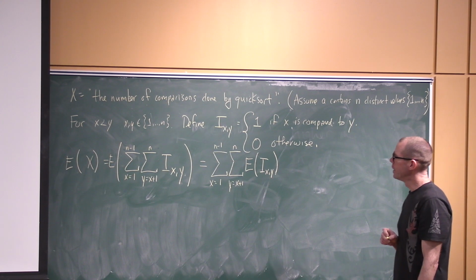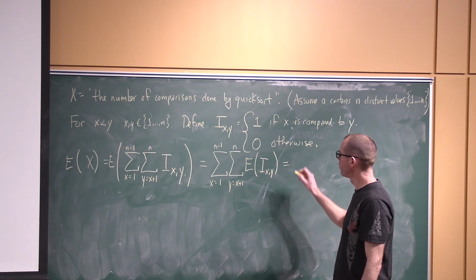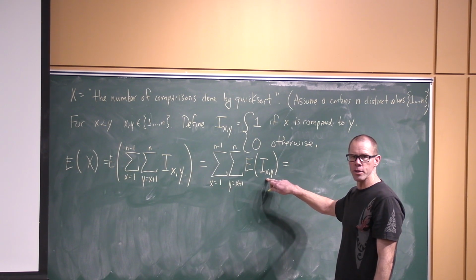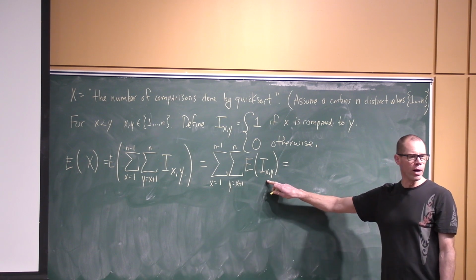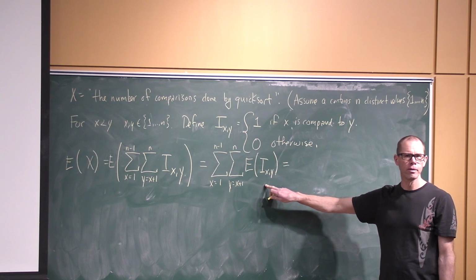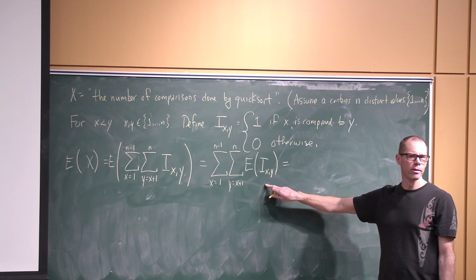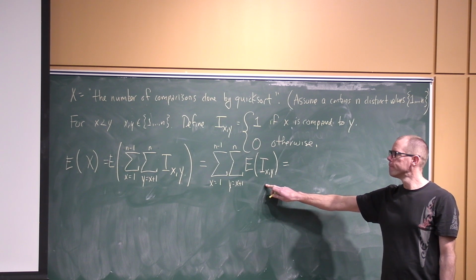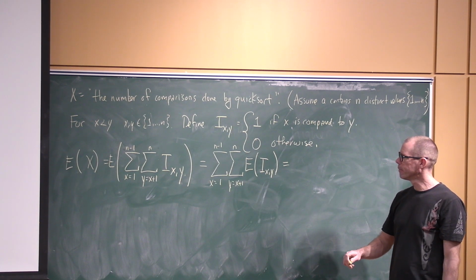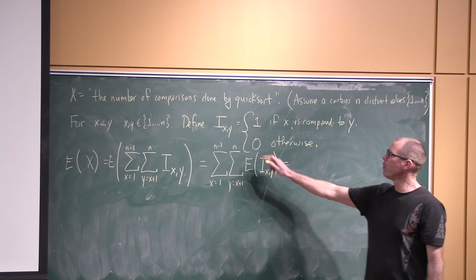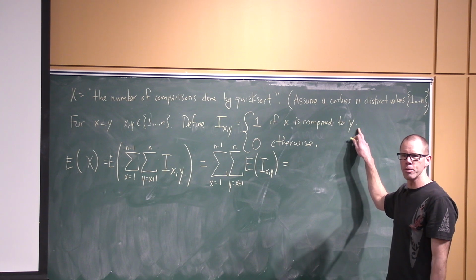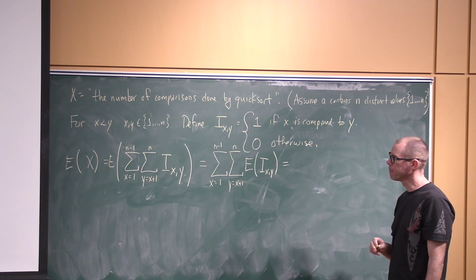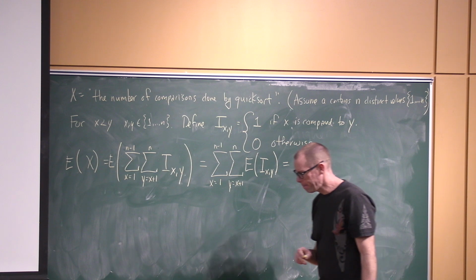Now we need to know this expected value. This is an indicator random variable. So what is it that we really need to know? Yep. The probability that the random variable is equal to 1, which is the probability that x gets compared to y.